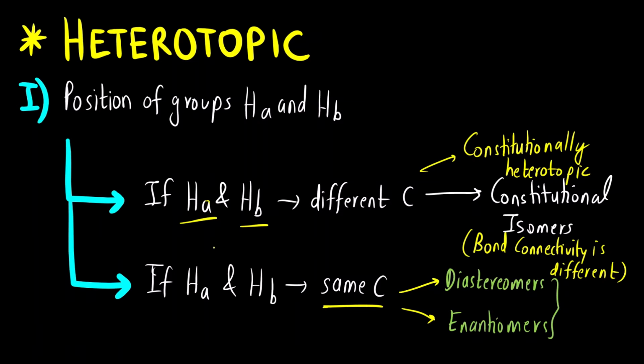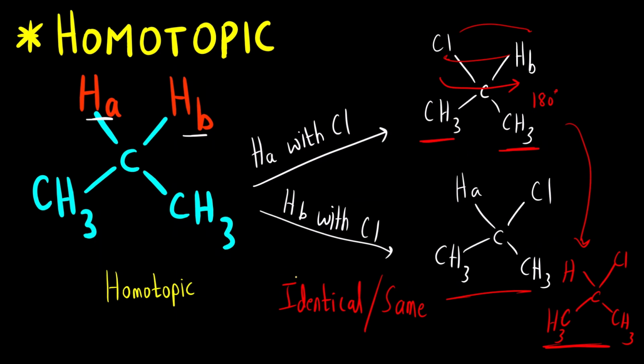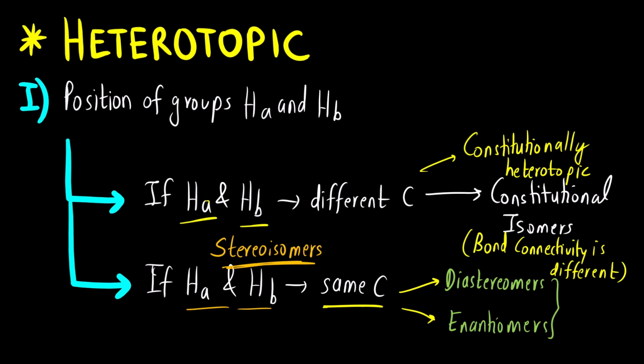In general, we call them stereoisomers. So if HA and HB are present at the same carbon and are the same molecule, it will become homotopic. But if they are at the same carbon and give different molecules, either diastereomers or enantiomers, then we call them stereochemically heterotopic.